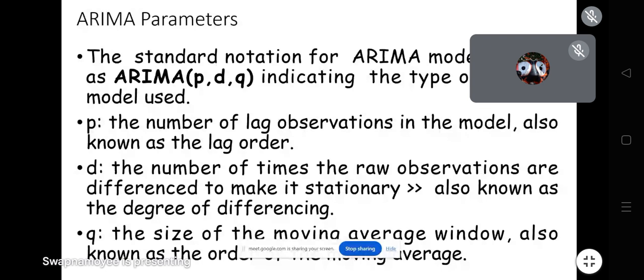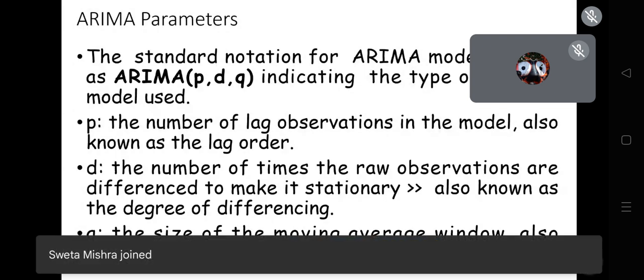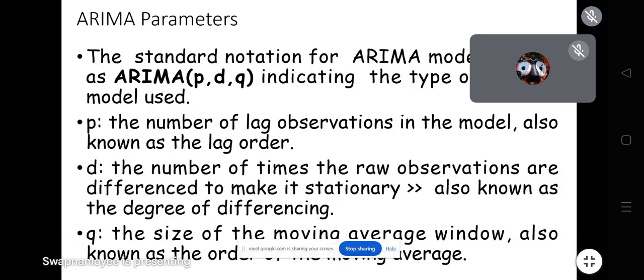You can detect that from your ACF and PACF functions. D is how many times you have differenced the data, 1 or 2 times, because beyond second order differencing you should not do, otherwise you lose the data. So D is how many times you differenced the data to get stationary data, removing all the seasonality, cyclical components and trend.